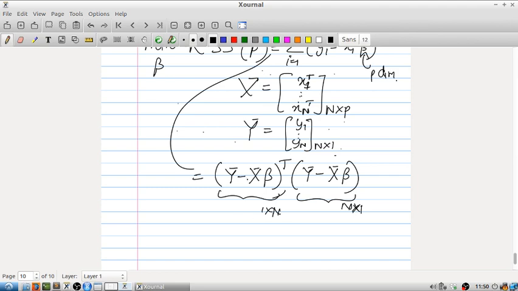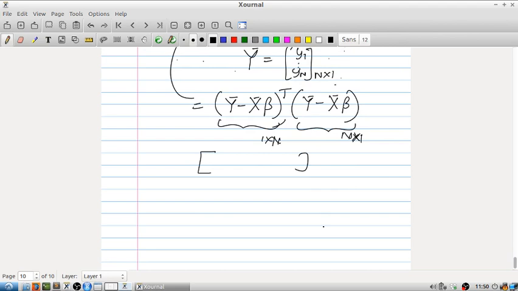Now if you really expand it out, I'm going to do it in gory detail. The first row of this vector is going to be y1 minus x1 transpose beta.